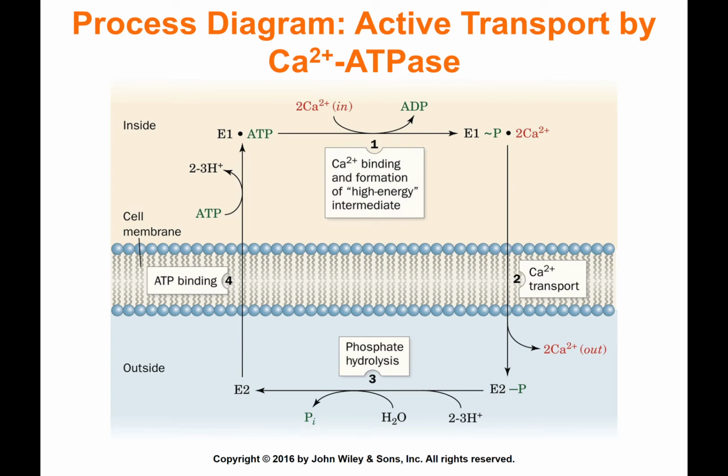In this particular example, this calcium ATPase actually pumps two different things. It pumps calcium out, or calcium into this, outside. I hate how this textbook flips the membrane side. So it's pumping calcium out, but then it pumps protons into the cell.